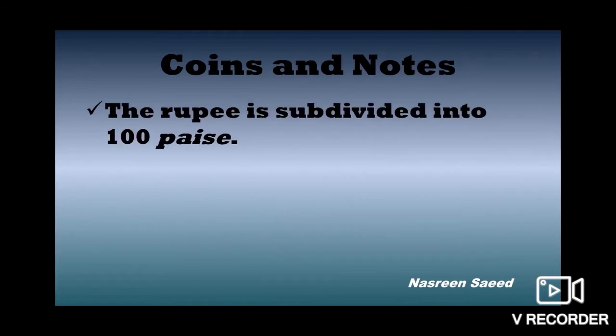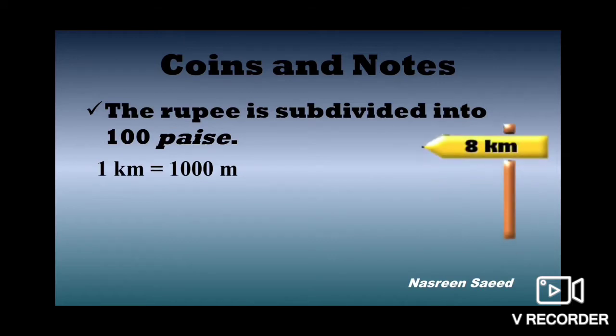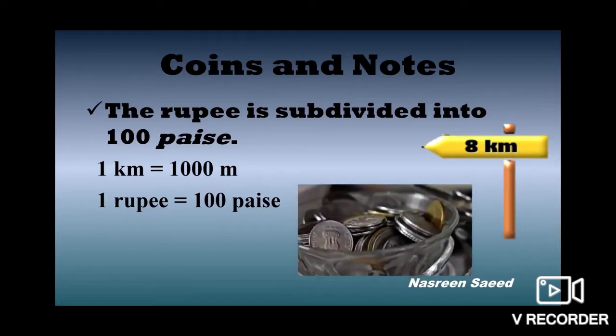The rupee is subdivided into 100 paise. Now like how we have 1 kilometer is equal to 1000 meter, 1 kilometer is divided into 1000 meter. In the same way 1 rupee is divided into 100 paise. Now in the olden days we had 1 paise, 2 paise, 25 paise.